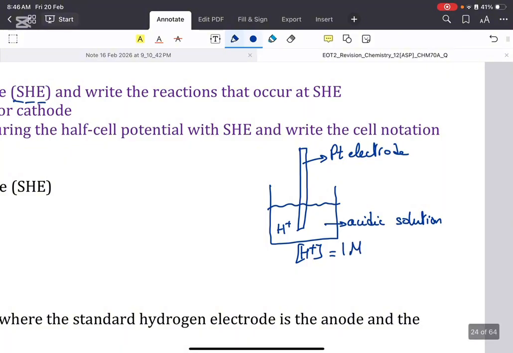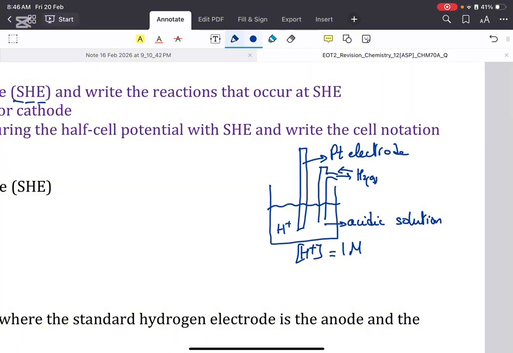Now, also, there's a tube that allows the passage of gas. So hydrogen gas can come in or come out depending on whether this half cell is doing oxidation or reduction.